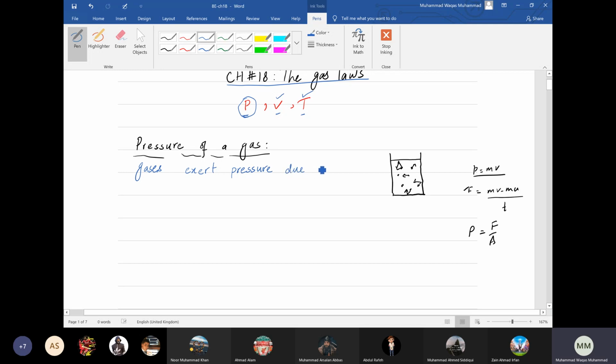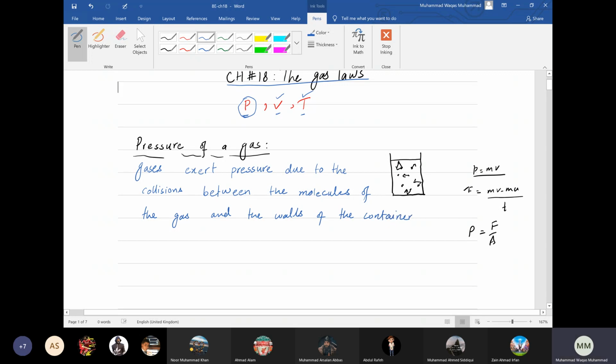Pressure due to the collision. Collision of the molecules with the walls of the container, between the molecules of the gas and the walls of the container.